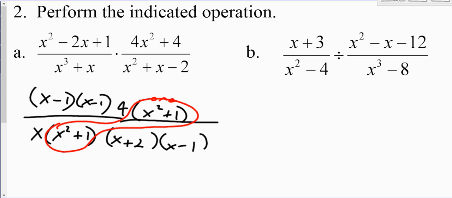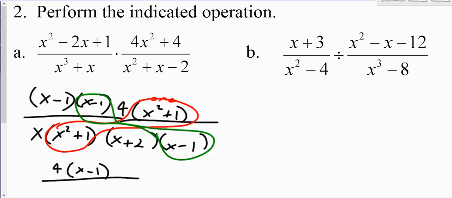An x minus 1 and an x minus 1 also simplify. So what do I have left? I like to put my constants first, so I get 4 times the quantity x minus 1 over x times x plus 2. That's as simplified as I can get, and my final answer for that multiplication.